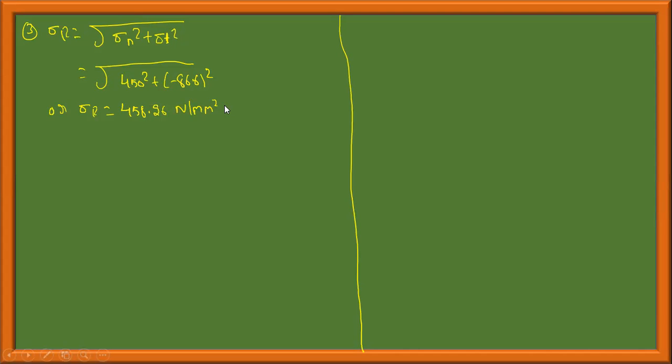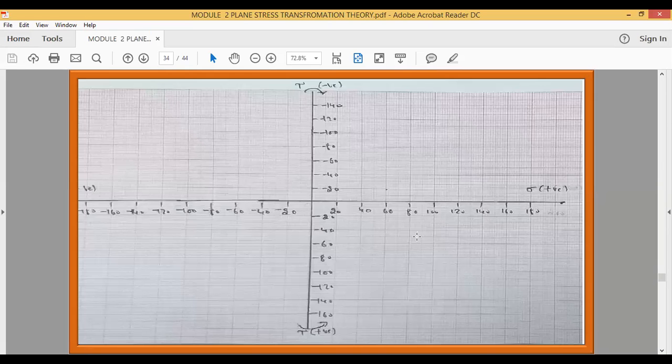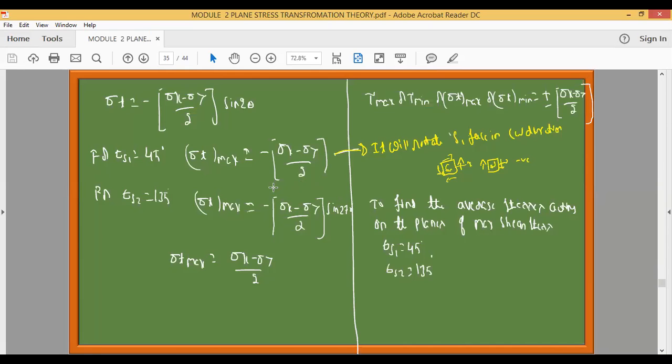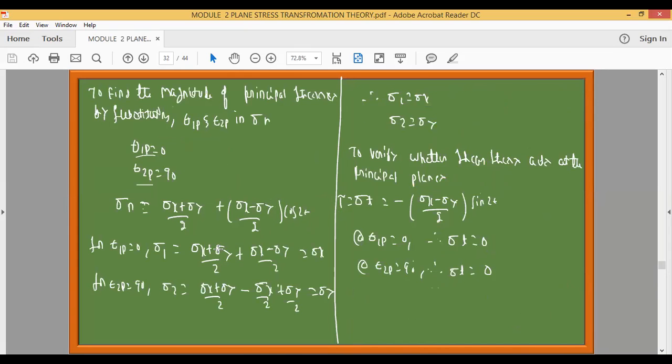Okay, next let us find sigma 1. So in this equation, if I go back here, you can see sigma n is maximum when theta, this is the equation.